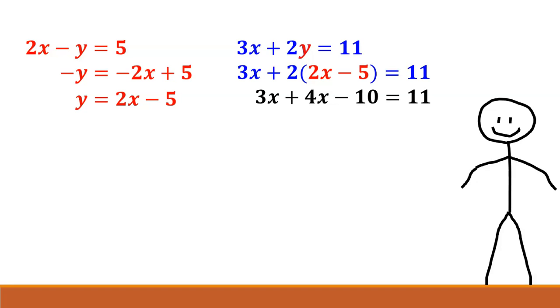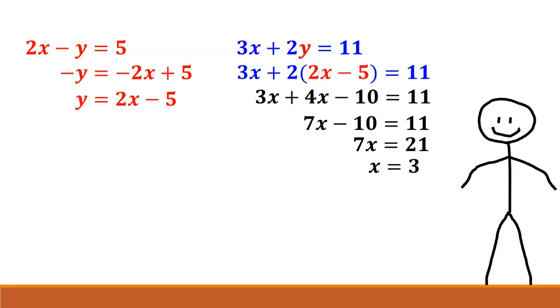We'll distribute the 2. We'll combine the terms with the x's in them. 3x plus 4x is 7x. We'll add 10 to both sides of the equation, and then we'll divide both sides of the equation by 7. And now we've got the solution for the x-coordinate of our point of intersection.